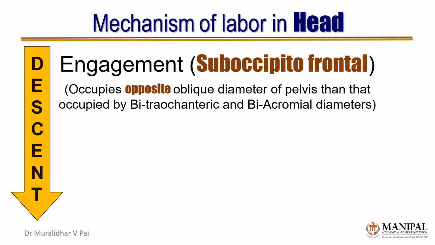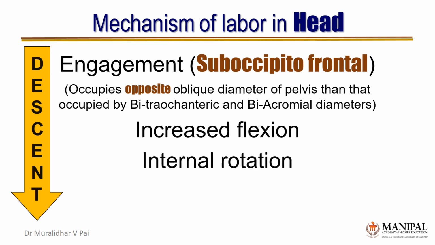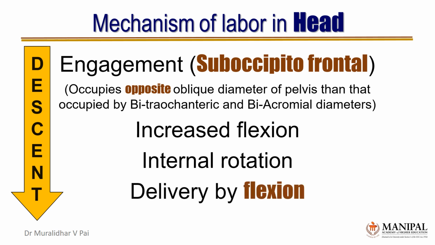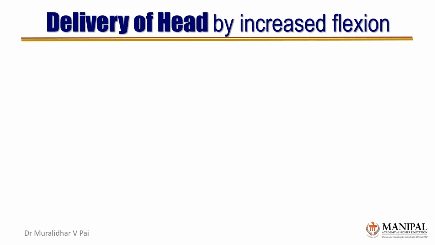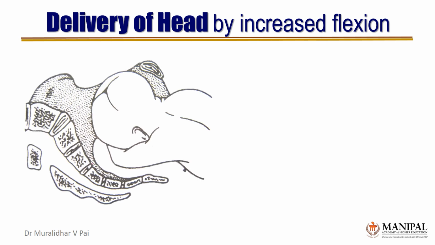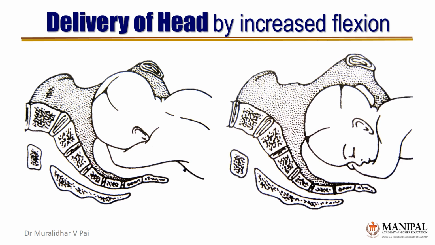The descent continues with increased flexion of the head, and there will be internal rotation in order to align itself in the anteroposterior diameter of the outlet. The delivery occurs by increased flexion. The delivery of the head by increased flexion is depicted in these two pictures.